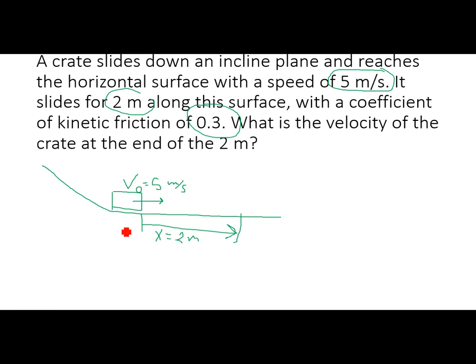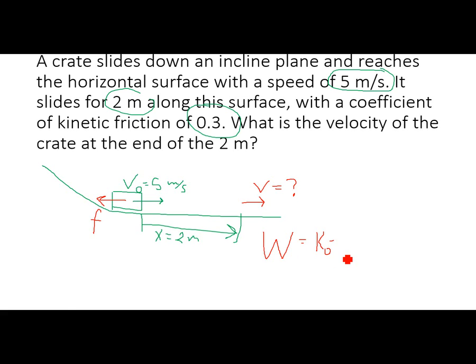So that means that on this level surface there's a frictional force F acting against the box's forward motion to decelerate it. Okay, and what we want to know is how fast is it going at the end of 2 meters. So I would imagine, again, we could use our work equals the change in kinetic energy formula.